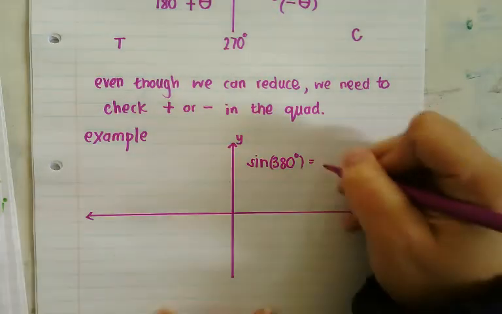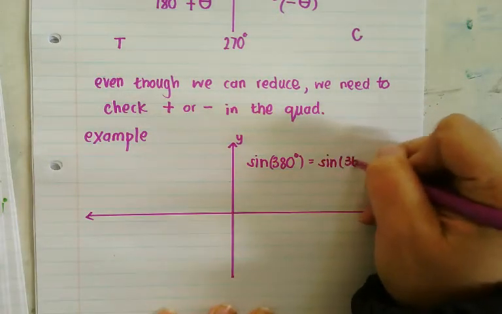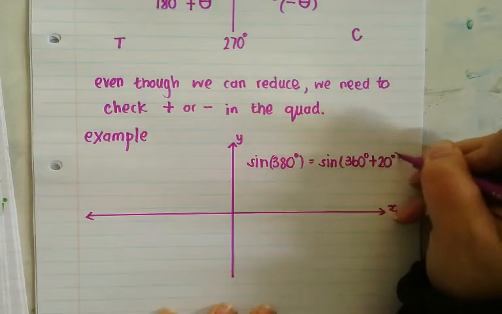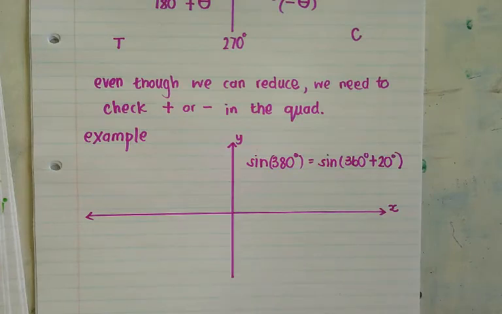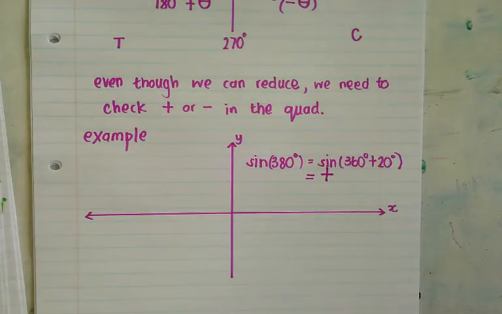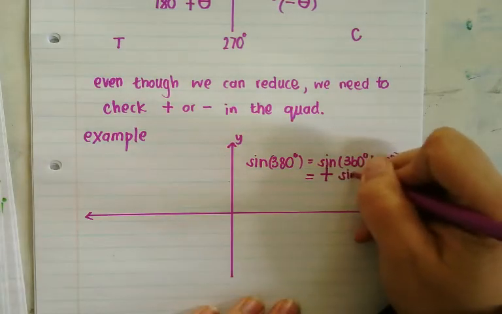So I can rather change this to sine of 360 plus 20 degrees. I just used the reduction, because the reduction in that quadrant is 360 plus the additional theta. We also know that in that quadrant, sine has to be positive. But instead of 360 plus theta, I'm just going to use theta. Theta is 20 degrees.